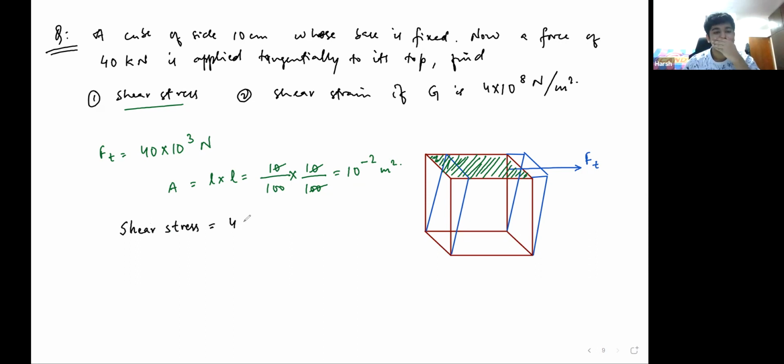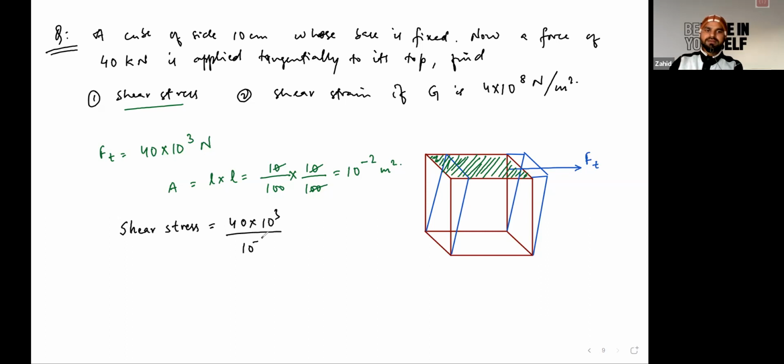Good. So force divided by area of cross section. You will write 40 into 10 to the power 5, or you may write 4 into 10 to the power 6 Newton per meter square.